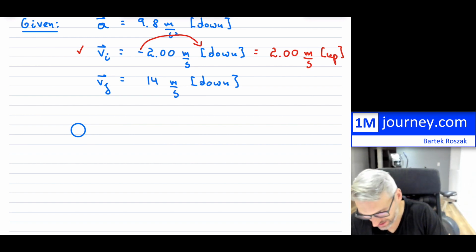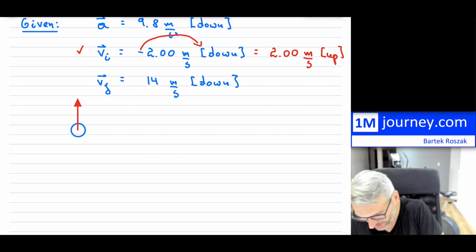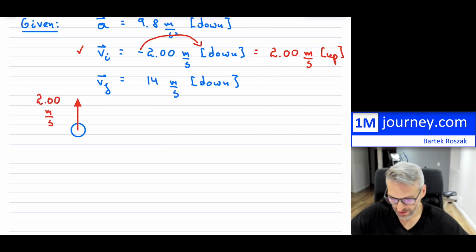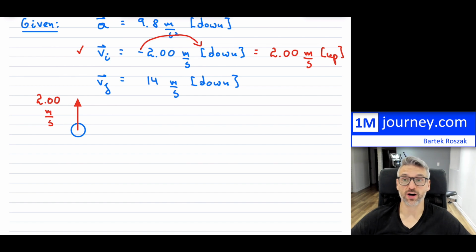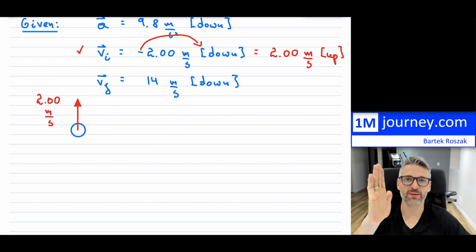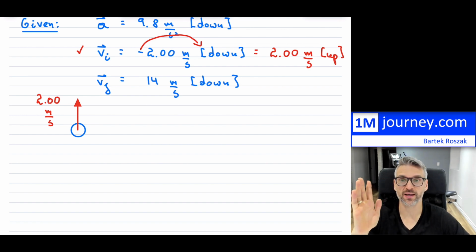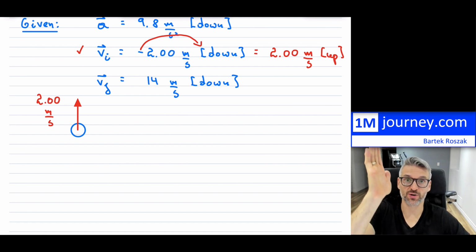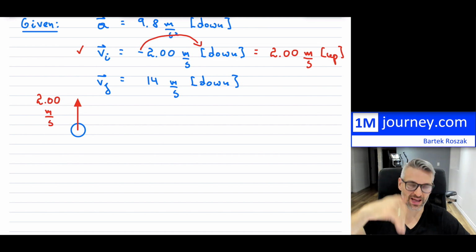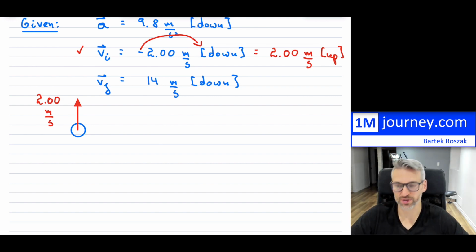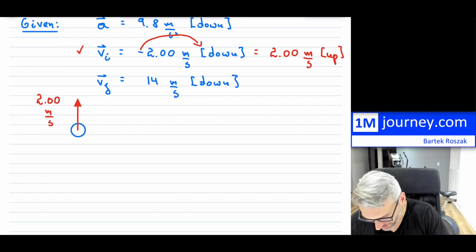This particular object is moving in this direction first. As you know, if you have an object trying to go up, unless you keep pushing it upwards in some way, it's going to go up and then start to come down. Gravity is going to pull it down. So this object is going to do something like this.